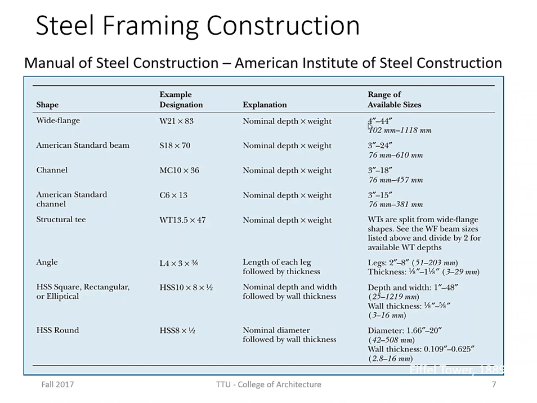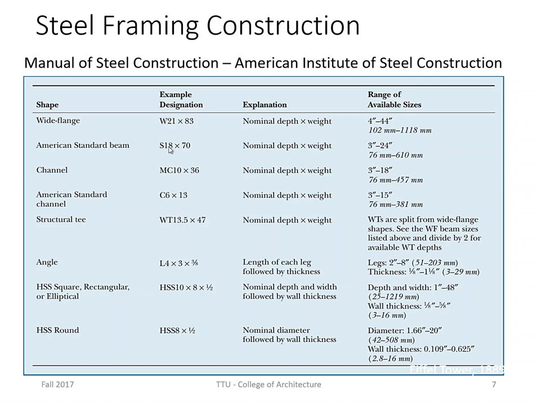The standards are a 4-inch depth in a wide flange, and then 144-inch depth, which is almost 4 feet, 4 inches short of 4 feet. You can see American Standard beam is designated by an S, so it's got a narrower flange.